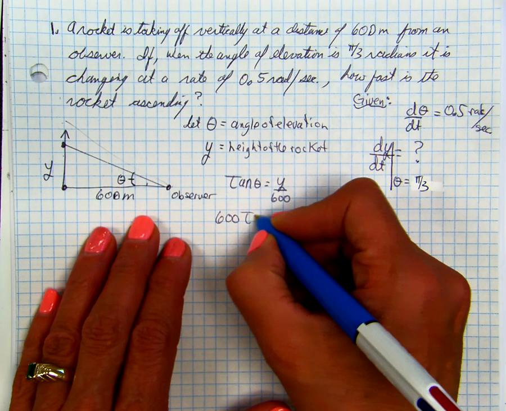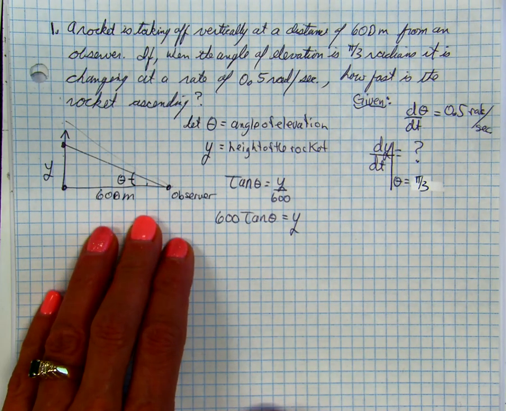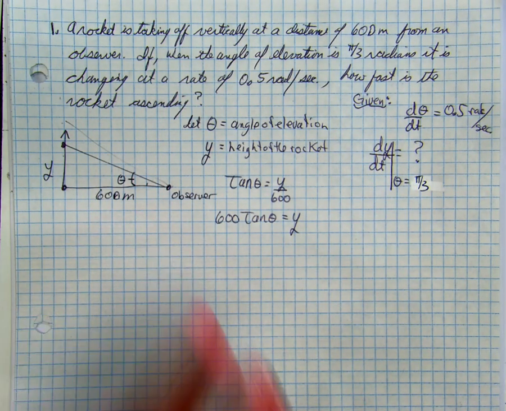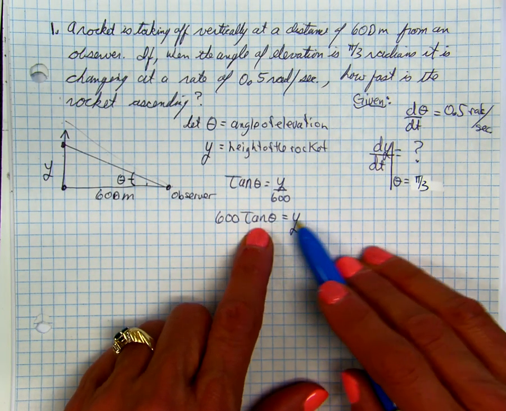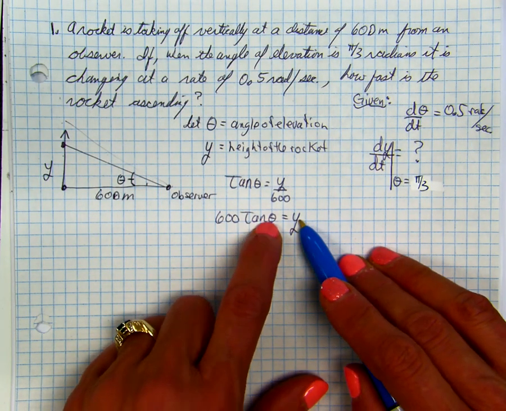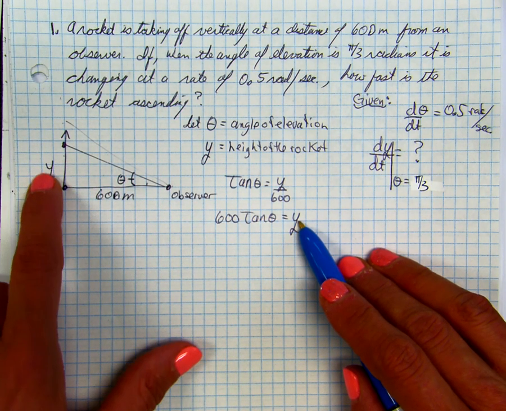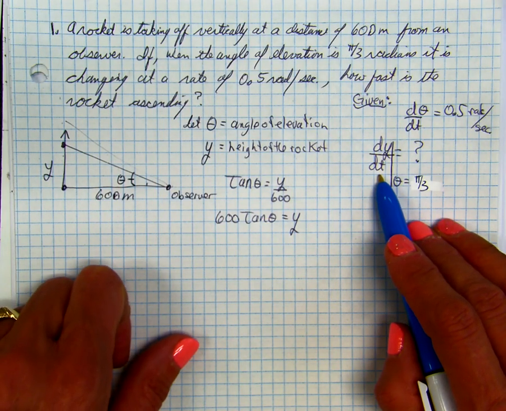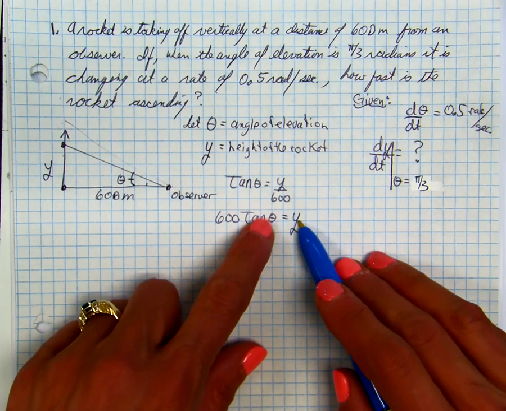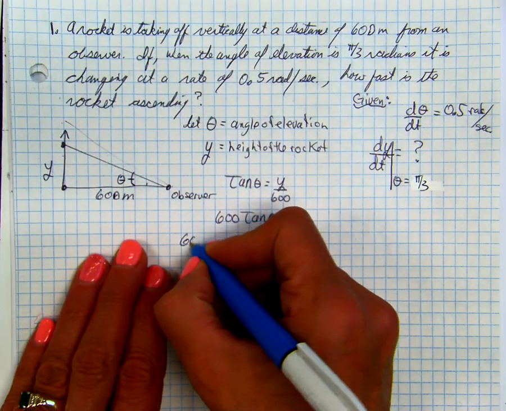Let's simplify it before we start. 600 tan theta is equal to y. Then taking the derivative of both sides with respect to time, note I've got a variable theta, that angle keeps changing, and a variable y, that height keeps changing. And I'm taking the derivative with respect to the third variable, time, which means this is implicit differentiation. So take the constant out front.